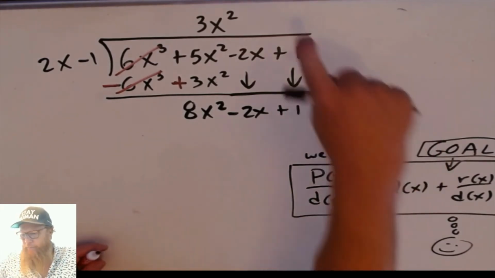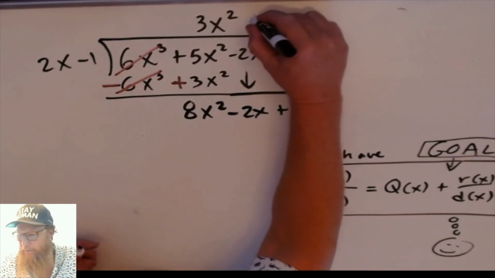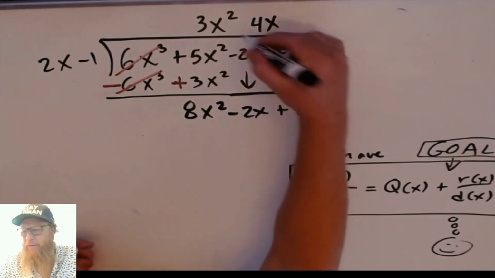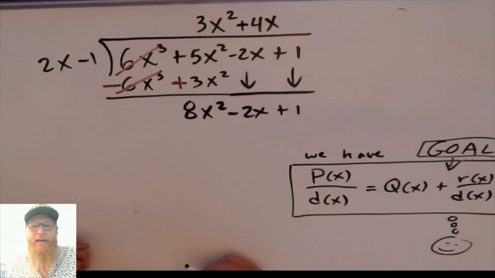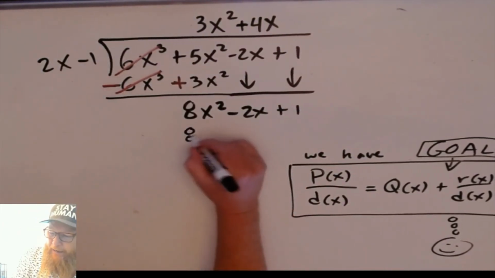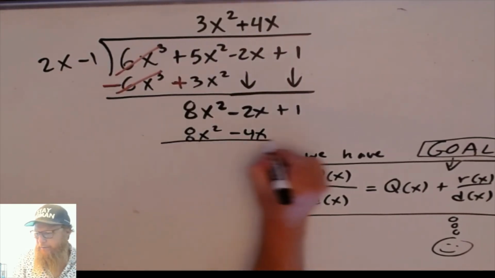All right, guess again. What times 2x would be 8x squared? That would be 4x. Now, in your quotient, you must have either a positive or a negative sign, so that's positive 4x. So you multiply, you get 8x squared and negative 4x.